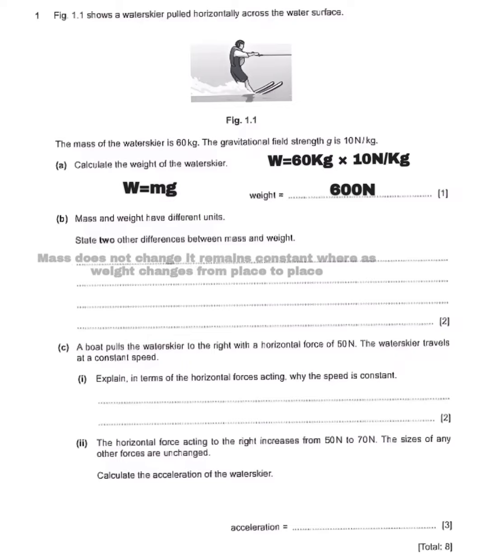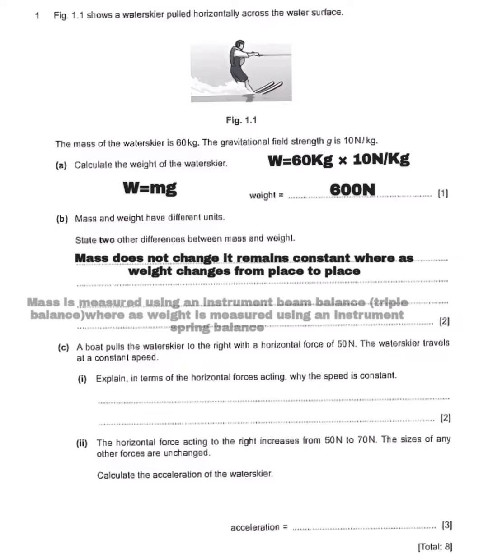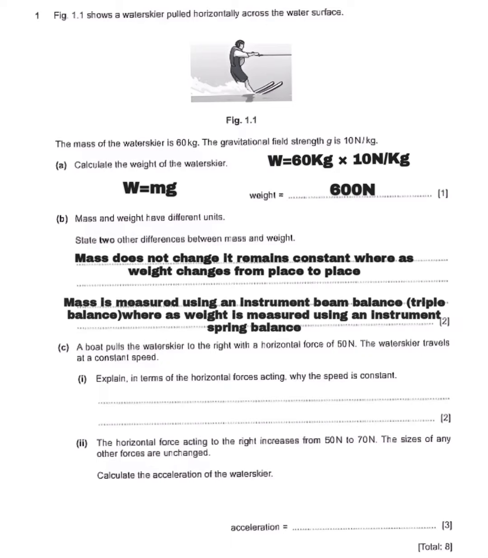The first one I'm going to say, mass does not change. It remains constant, whereas weight changes from place to place. Apart from that, mass is measured using an instrument, a beam balance or triple beam balance, whereas weight is measured using an instrument, a spring balance.